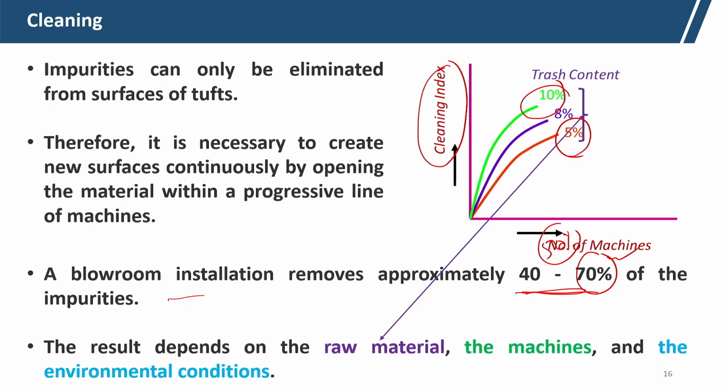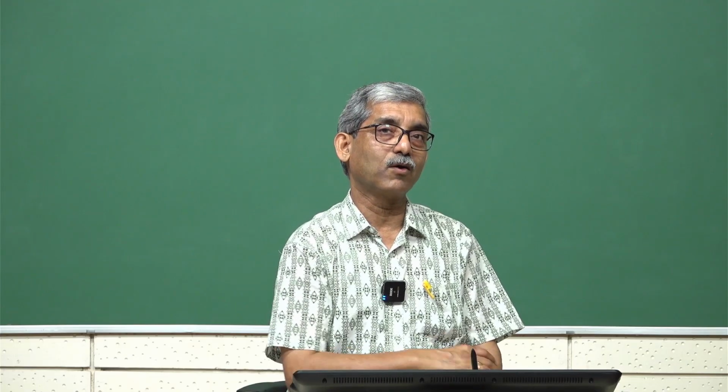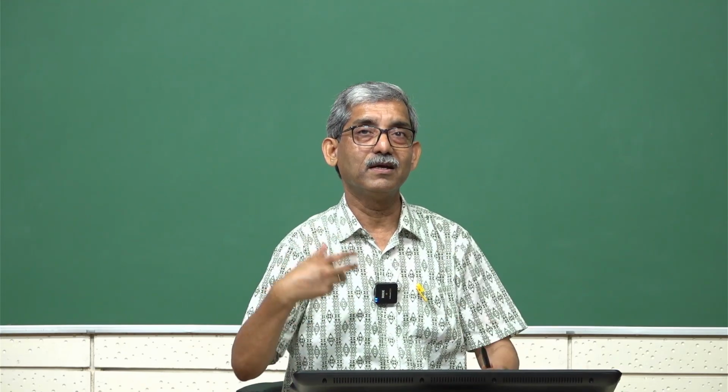So, with a higher trash percent the cleaning index will be high, because the heavier trash particles will get removed easily. If we have say 1% trash in fiber, it will be very difficult. So, in that case we should not target it in the blowroom section, the carding can actually remove it. So, we should not treat or beat the fiber very intensively.